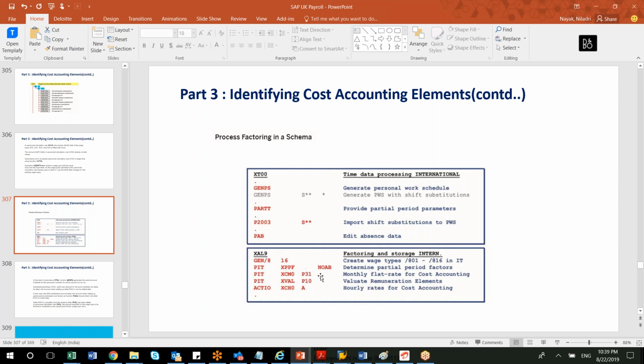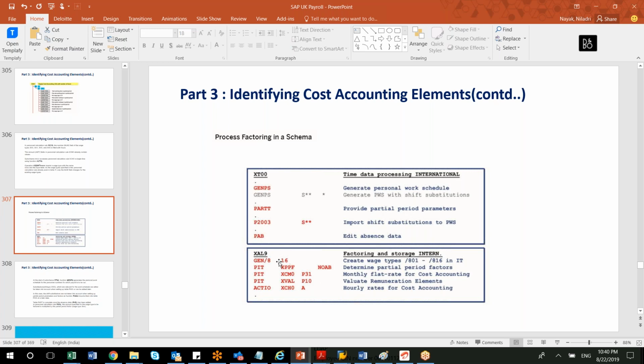Other than that, XAL9 is another schema inside which factoring will also happen. There is another function called GEN/8, which is also important when it comes to factoring.